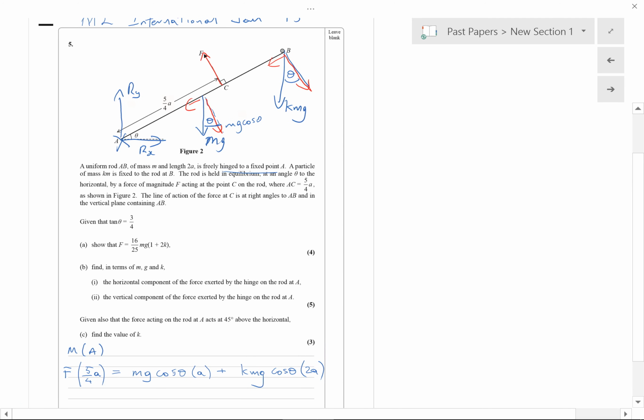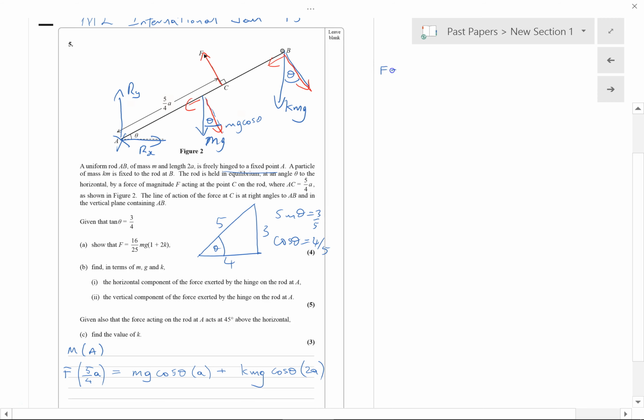Obviously quite a lot of cancelling going on. I might at this stage work out the triangle. We're told that tan theta is 3 over 4, a standard 3, 4, 5 triangle. So that gives us that sine theta is 3 over 5 and cos theta is 4 over 5. Now we should be able to tidy up our moments equation.